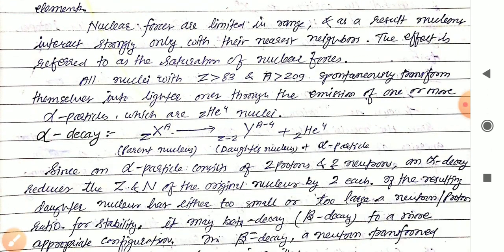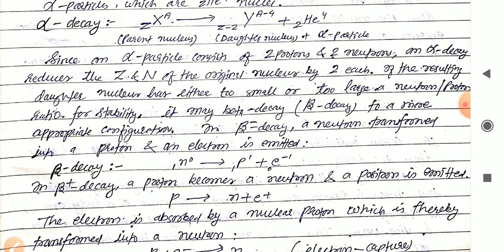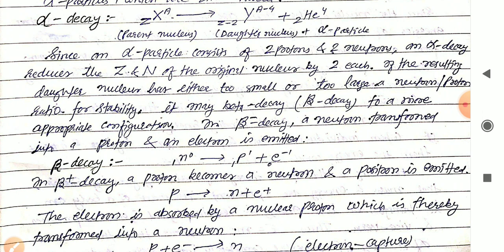So the process of alpha decay and the process of beta decay happen because in these processes the nucleus gains its stability. So the more the number of unpaired neutrons and protons, the less stable they are, and they show alpha and beta decay.